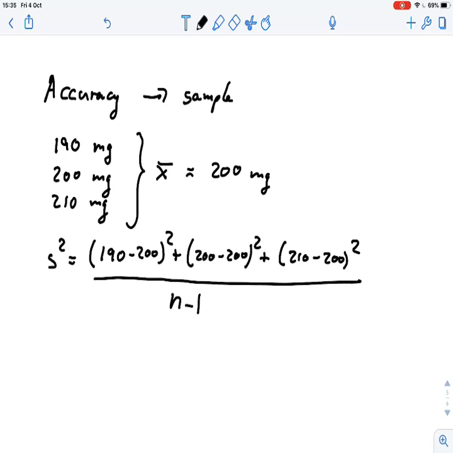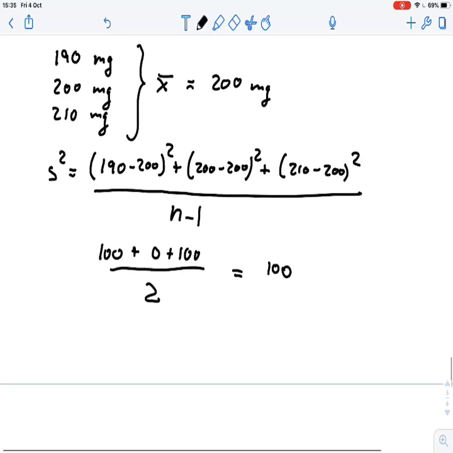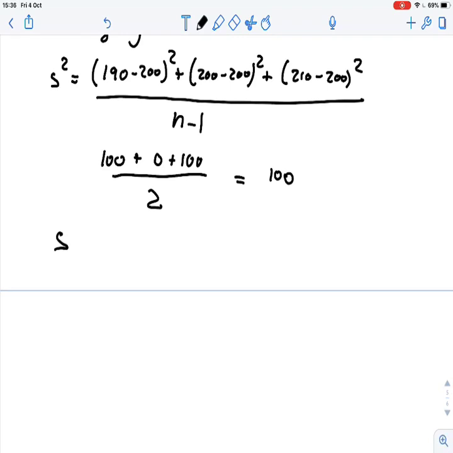Yeah? So we have 100 plus 0 plus 100 divided by 2, equals 200 divided by 2, which gives us 100. So that's our sample variance, and now we can also calculate the standard deviation. Standard deviation is simply the square root of 100, which equals 10.